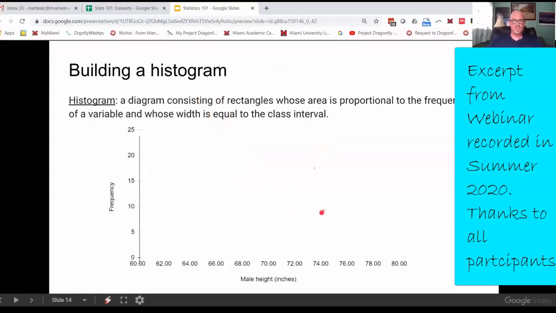If you were doing this yourself, not to beat a dead horse, but just to show you, the average height for men in the United States apparently is about 69 inches, which would be 5'9". So, the average, let's see, if I can annotate, draw here. Okay, so this is the average.